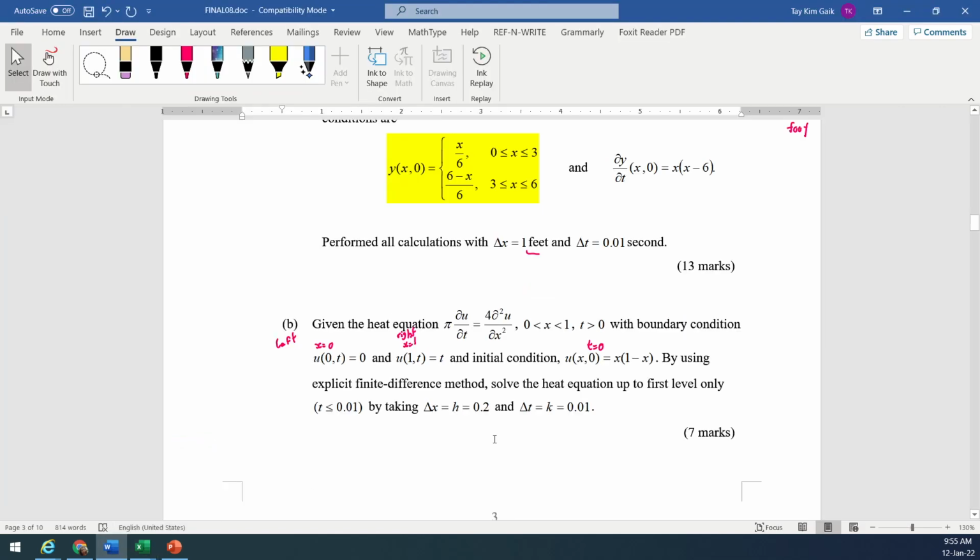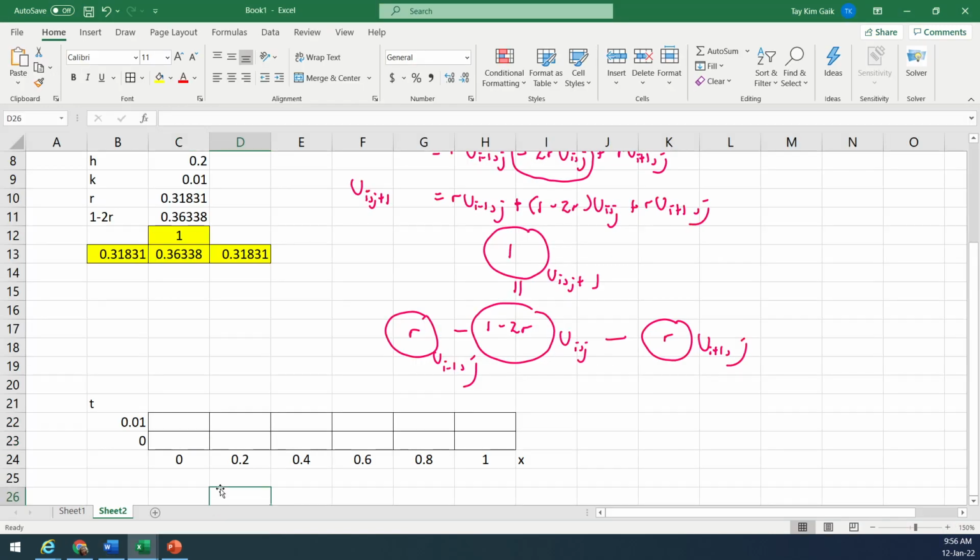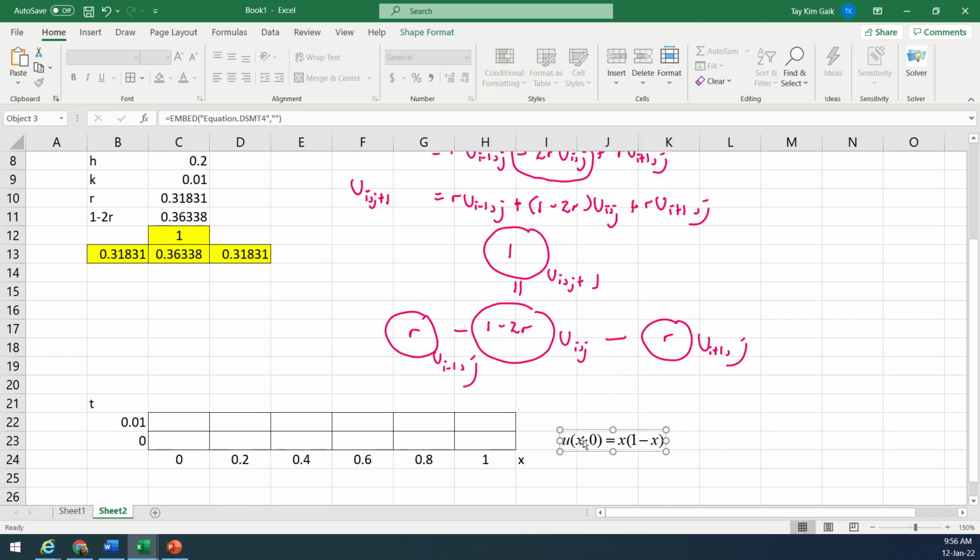Initial conditions are given. What's the initial condition? When t equals 0, u is actually x times (1 minus x).